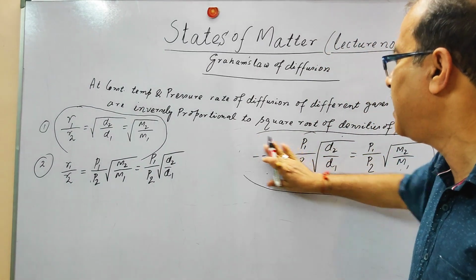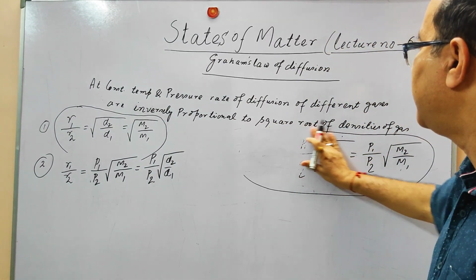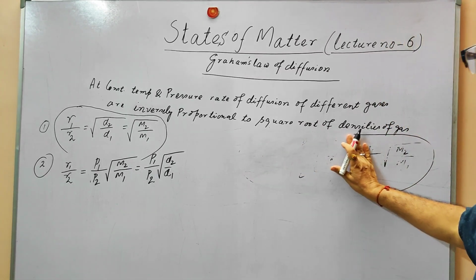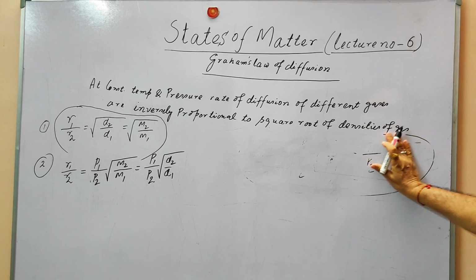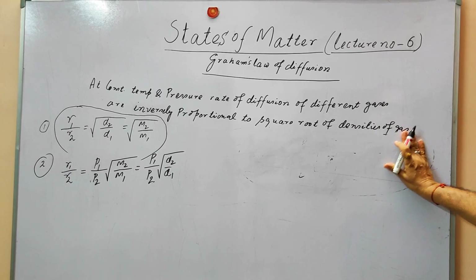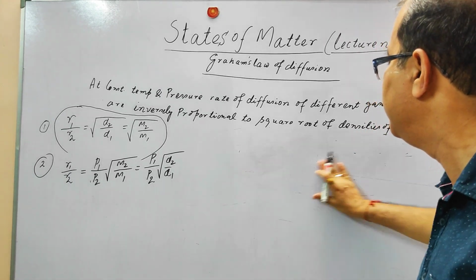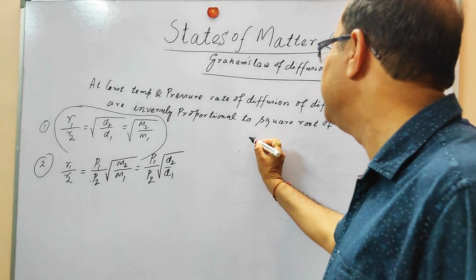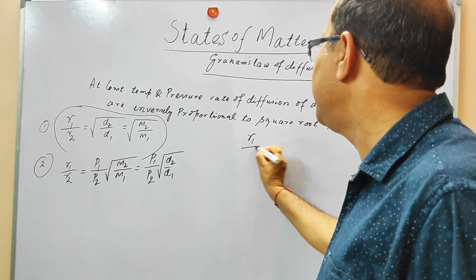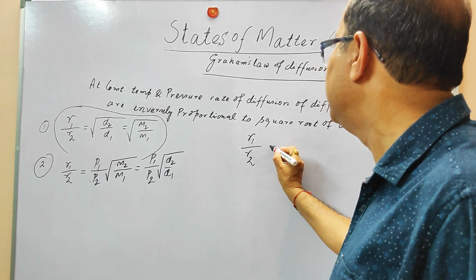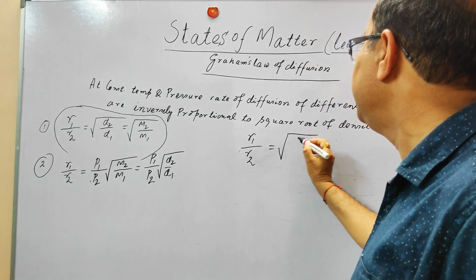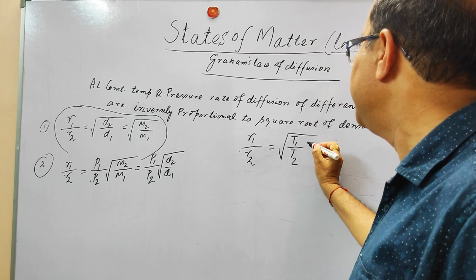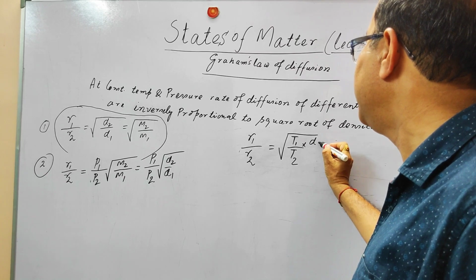Now what about the third one? In the third case, we will keep the pressure constant, but at the same time we will change the temperature. So what will be the relation? R1 by R2 will be directly proportional to the square root of the temperature, and in the formula we will also write the density.